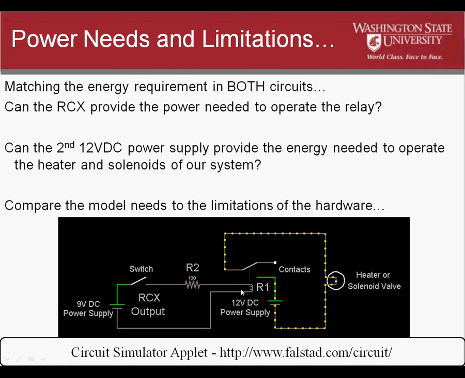During week 1, we'll be dealing primarily with the primary side of the relay, the RCX outputs, and taking some current and voltage measurements from that. And then during week 2, we'll be creating the voltage dividers and doing power measurements on the loads on the secondary side. So good luck in weeks 8 and 9.